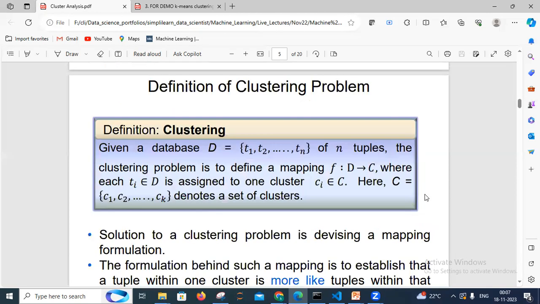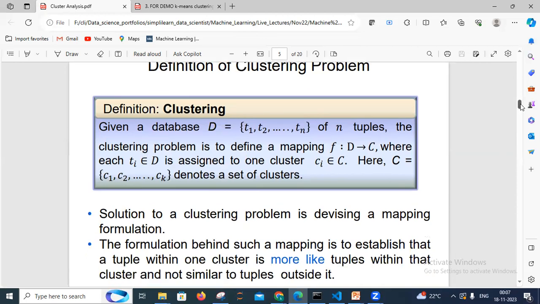Okay. So now the definition of the clustering problem. You have a database D with tuples t1, t2, up to tn. The clustering problem is to define a mapping where each ti is assigned to one cluster, right?